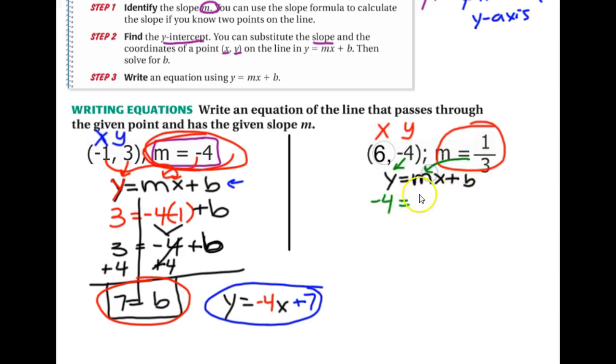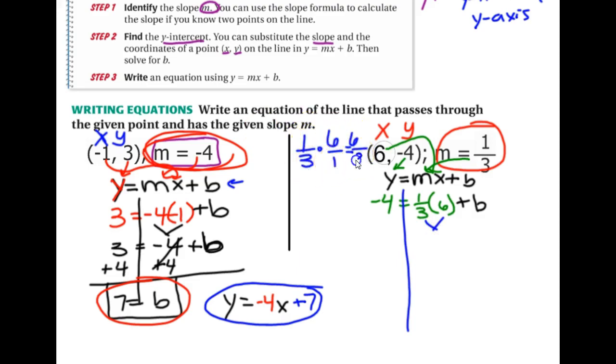M right here is 1/3 times x, which is 6, and then plus b. So let's solve it. 1/3 times 6, 6 is really 6 over 1. So 1 times 6 is 6, 3 times 1 is 3. 6 divided by 3 is really 2.